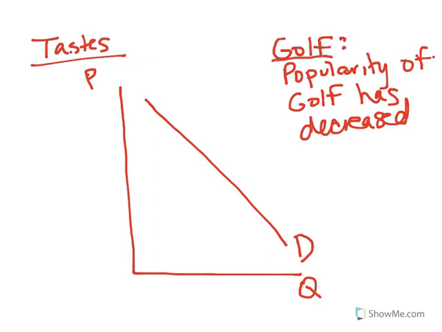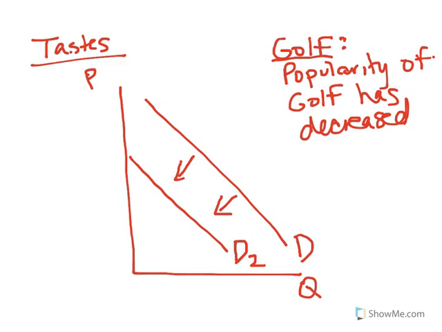Well, what impact does that have on the demand for items related to golf? We would obviously say, well, because people's taste and preferences have changed to where they don't like it as much, the demand for the products has decreased. So again, as our taste and preferences change, that causes the demand for the goods and services related to that to be altered also.